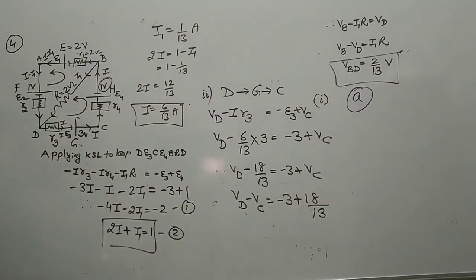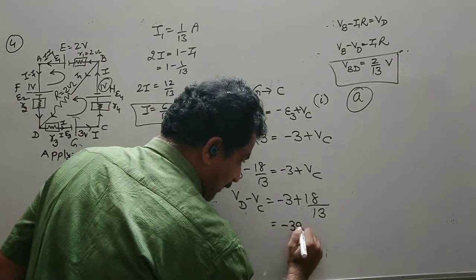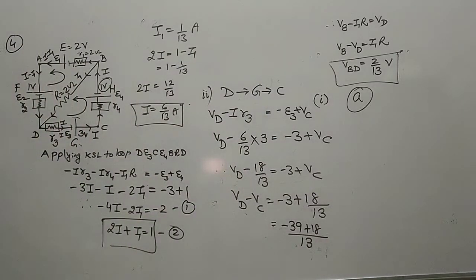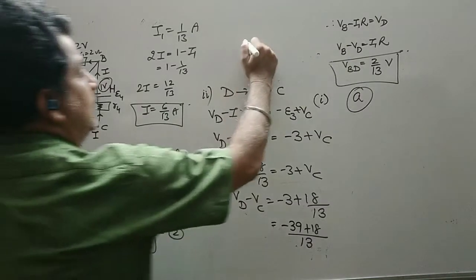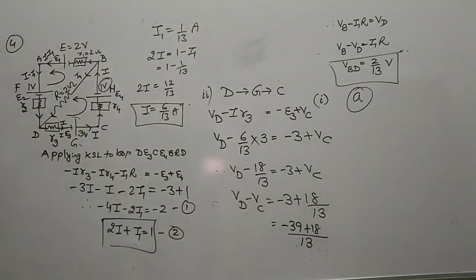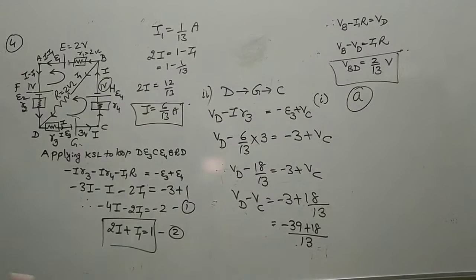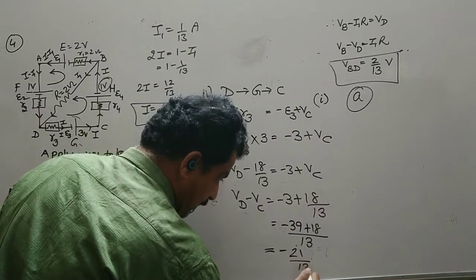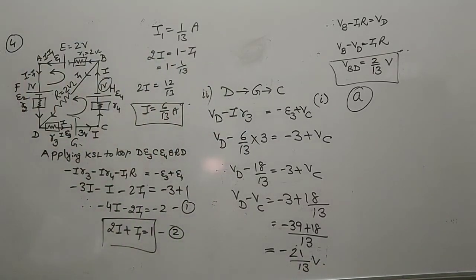That will be equal to minus 39 plus 18 upon 13, since 13 3s are 39. So minus 39 plus 18 divided by 13, which is equal to minus 21 by 13 volt.